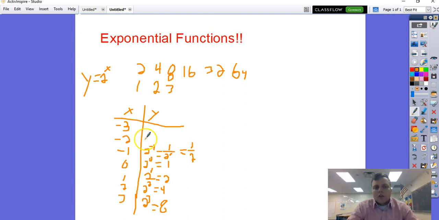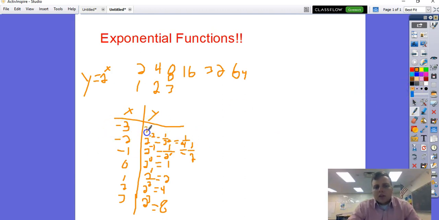All right, so then 2 raised to the -2 is equal to 1 over 2 squared, which is simply 1 over 4. Okay, and then we could also do -3.